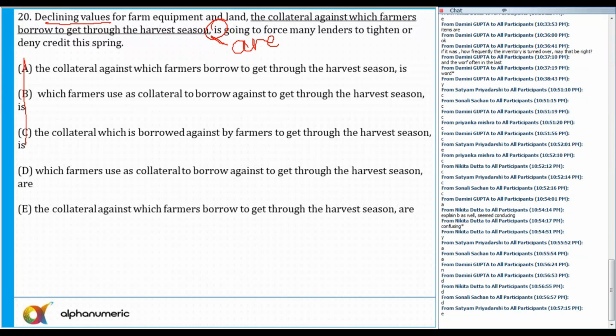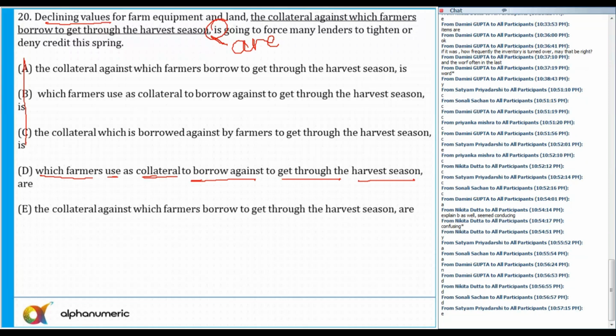Number D, you have marked D. The declining values for farm equipment and land, which farmers use as collateral to borrow against to get through the harvest season, are going to force many lenders.